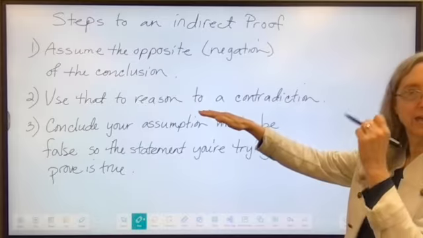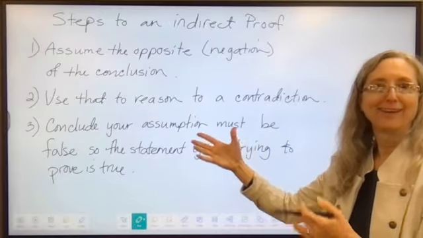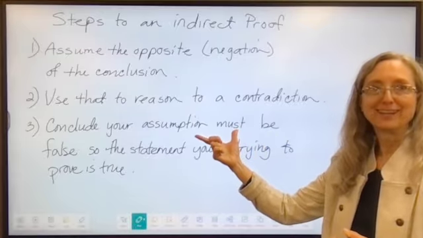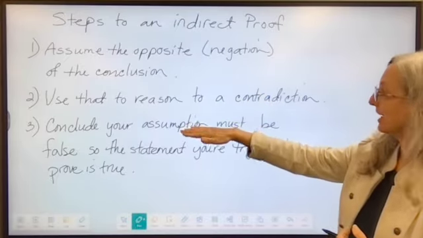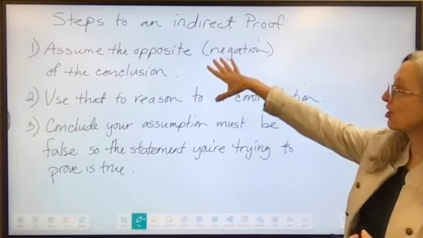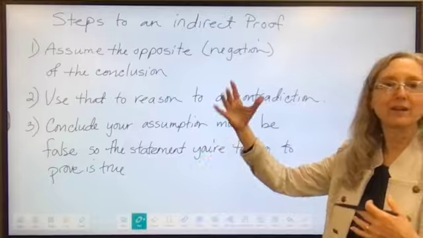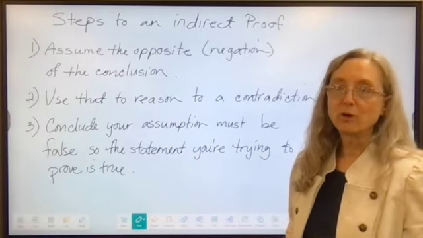Then I would go through the steps, assuming that that's true, and I'd realize, wait a minute, there's a big contradiction. So because this has a contradiction, then it's obviously false, so what I am originally trying to prove must be true. Those are the statements.